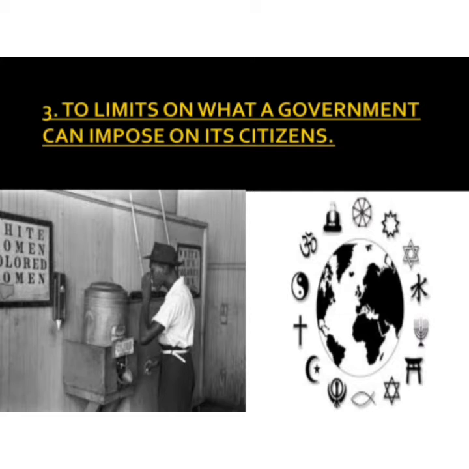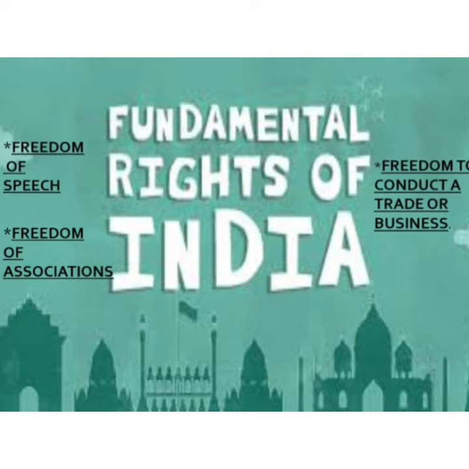very common example that can be given is the fundamental rights of India. The most common way of limiting the power of the government is to specify that there are certain fundamental rights that all of us possess as citizens, and which even the government is not allowed to violate.